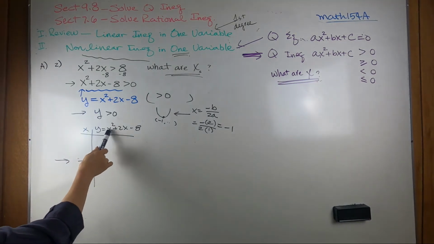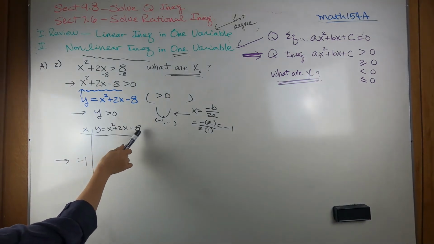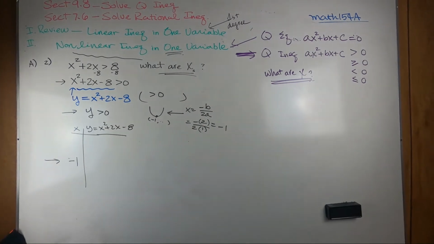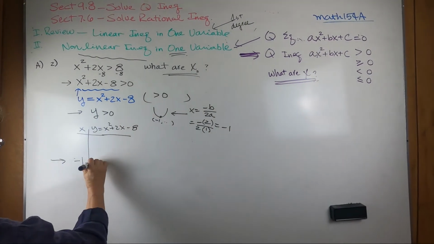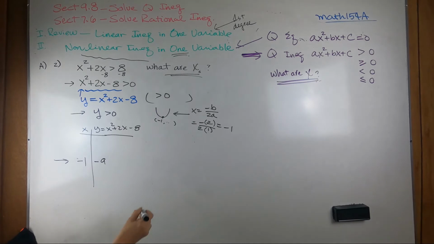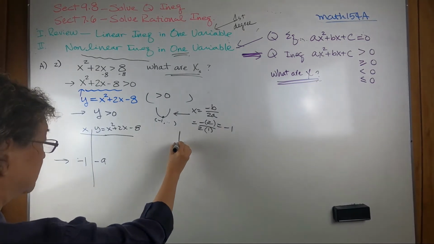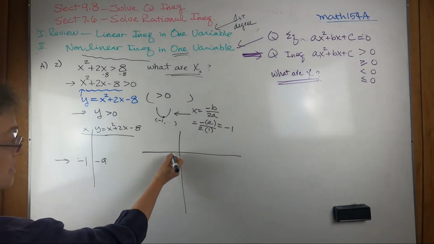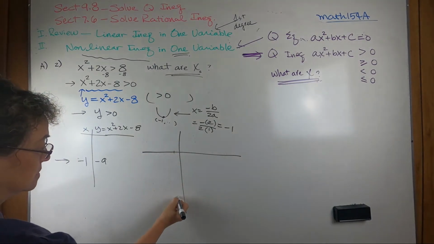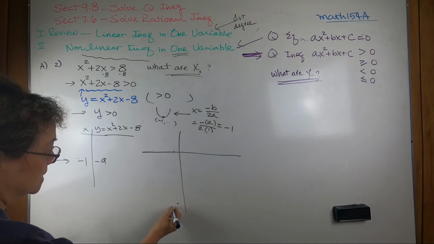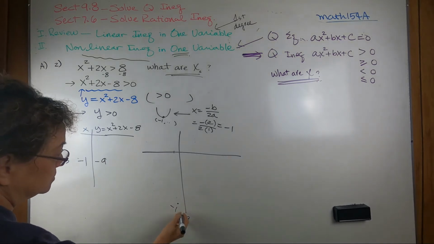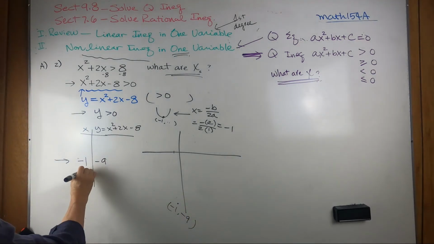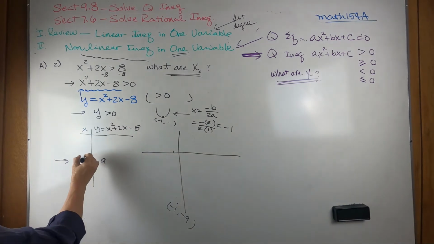Then you plug in negative 1: 1, minus 2, minus 8 is negative 9, right? So we can graph it. Negative 1, negative 9. That's your vertex, right? Then we'll find the other points.